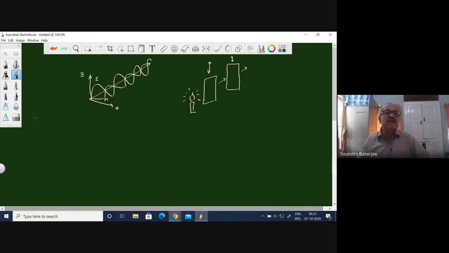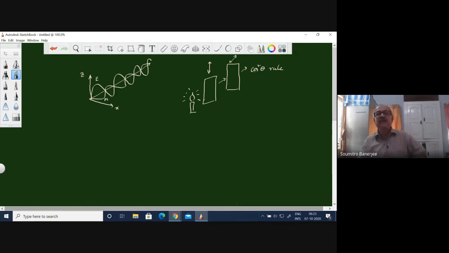But if this polarizer is oriented in some other direction, say like this, then only a part of it will go through, and that is given by the cos squared theta rule. And if it is oriented in the horizontal direction, then theta is 90 degrees and cos theta is 0, therefore nothing will pass. So the cos squared theta rule is called Malus's law.